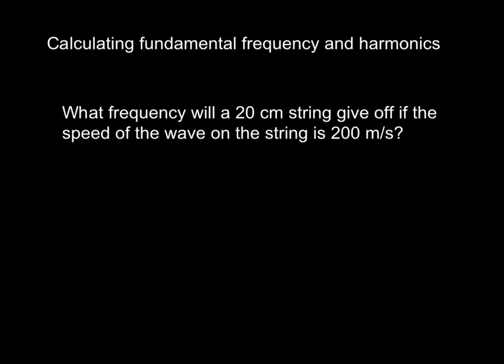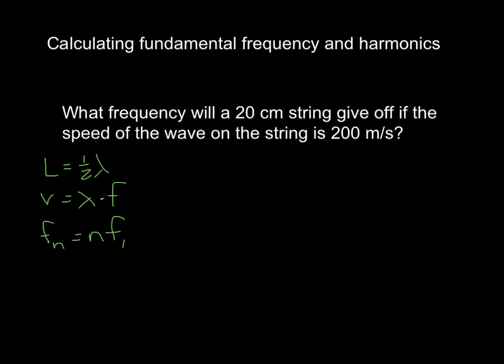So in our calculations, we're really going to be using a combination of 3 different ideas. We're going to use that the length of the string is half of our wavelength. We're going to use our wave equation, velocity equals wavelength times frequency. And then we're going to use our harmonic equation, that it's n times the fundamental frequency.